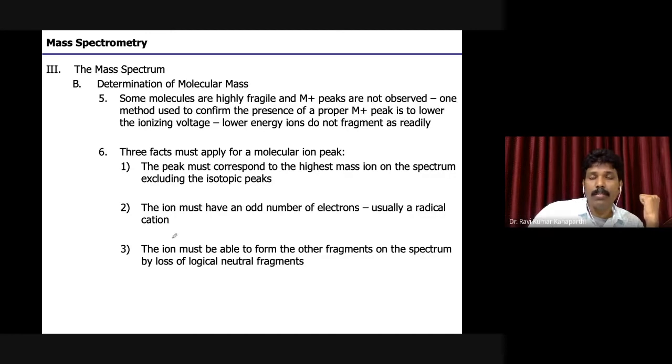To judge whether a particular ion is the molecular ion or something else, it can be understood from some general features. The molecular ion usually loses some neutral species and radicals.